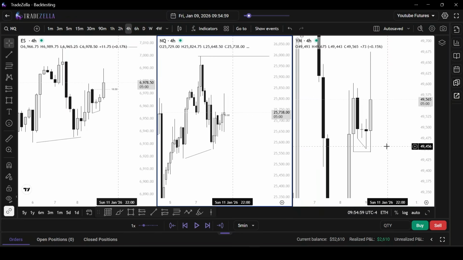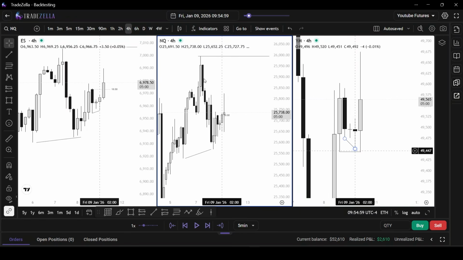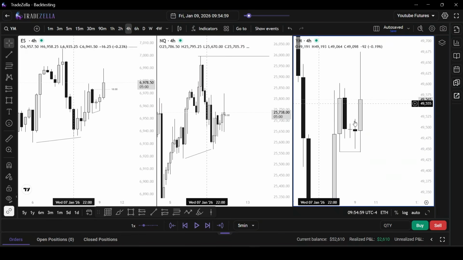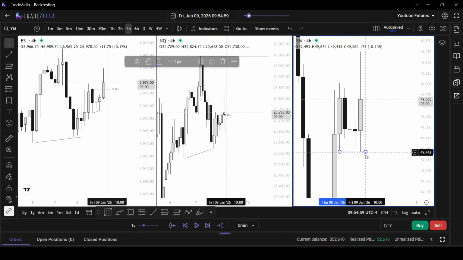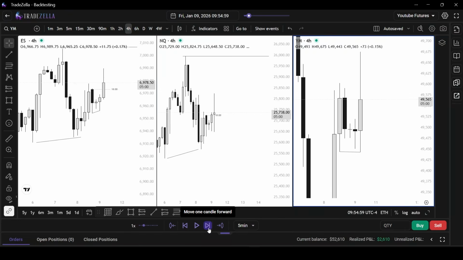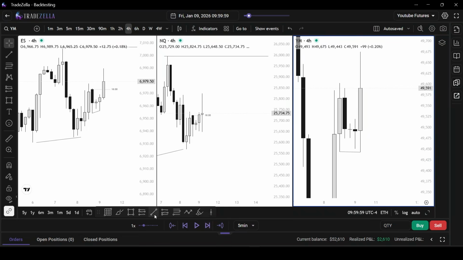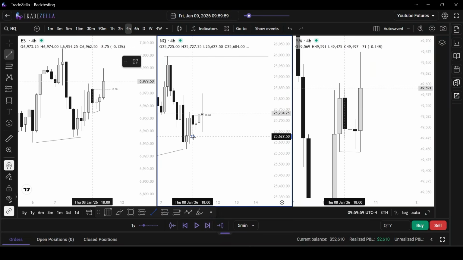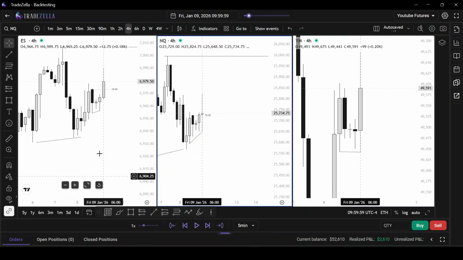Okay. Now, as you can see, we manipulated this fair value gap. You see? Now we are having an SMT in this fair value gap here. There is an SMT now in this fair value gap.